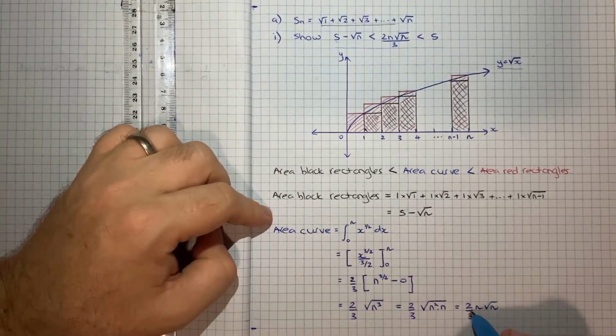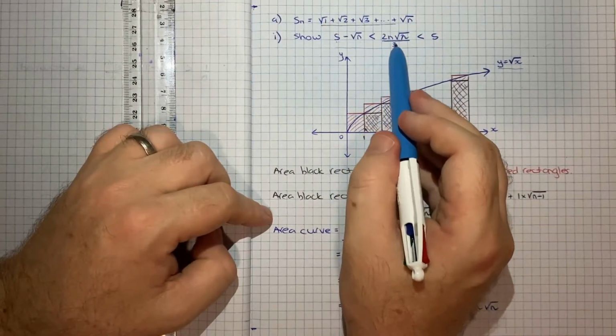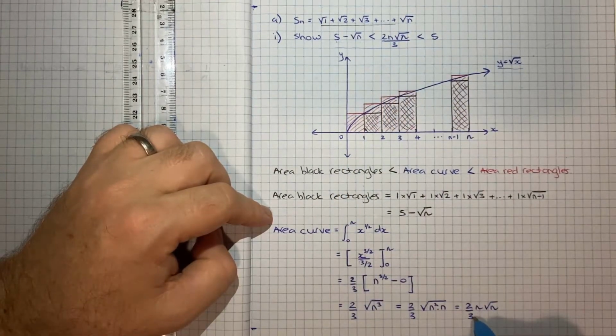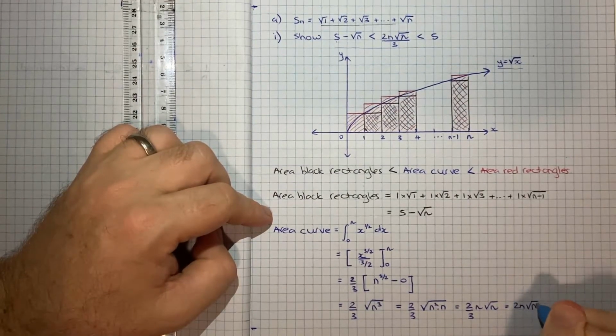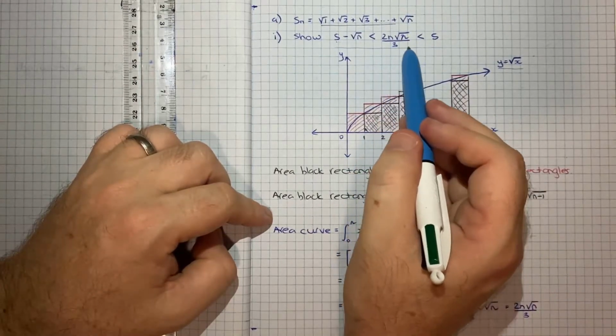So that is pretty much this here, 2n root n all on 3. So I'll just write that, 2n root n on 3. So that's a good sign because that's the middle part of our inequality.